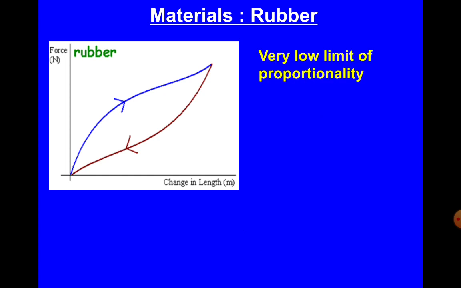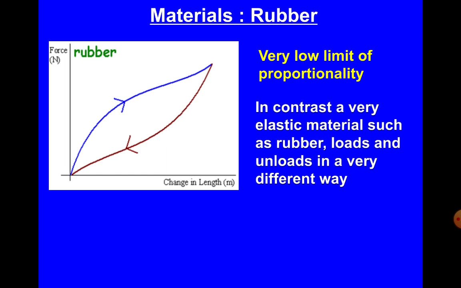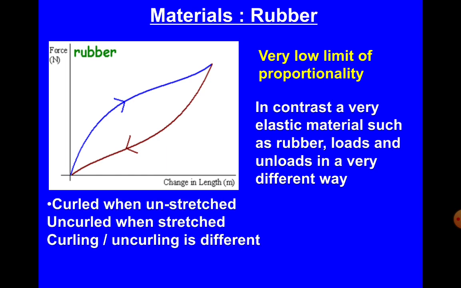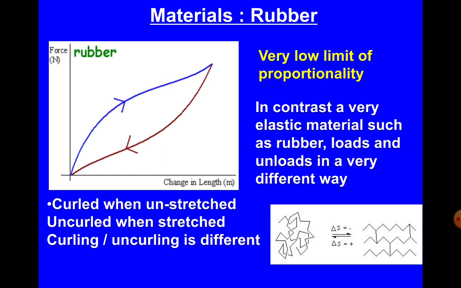So in contrast, elastic materials such as rubber load and unload in a completely different way from, for example, metals. The graph is more like curling and then uncurling. You need to represent these graphs and understand what is happening here.